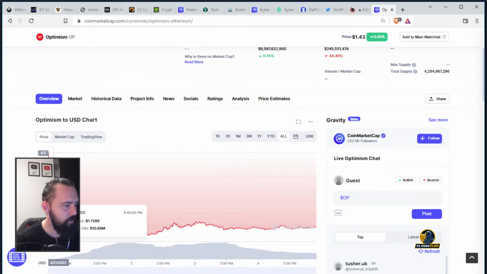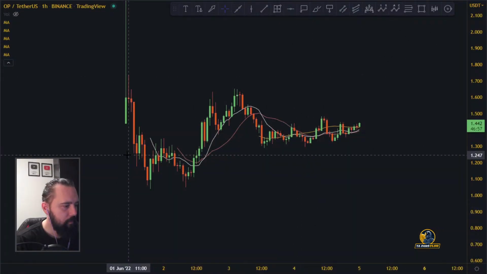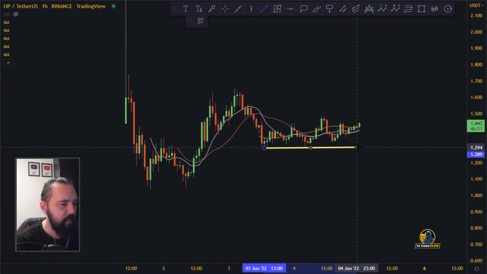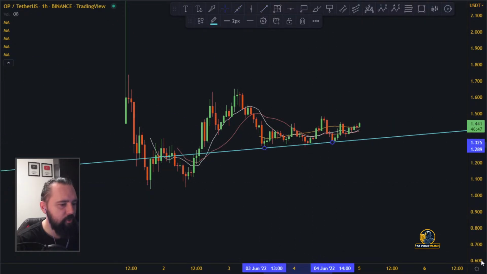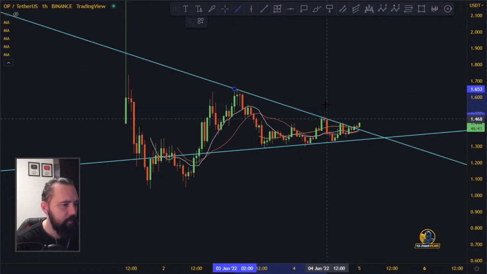No, it started on the 31st. Yeah, so this is the full chart of Optimism right now. So what can we say about Optimism? I think you can say that it did have an airdrop. There is no point in looking for any kind of top up here.